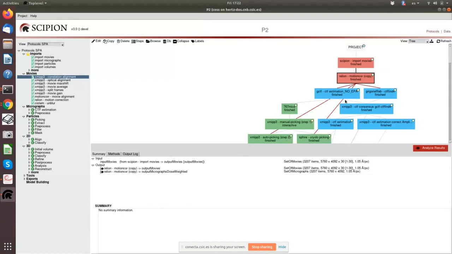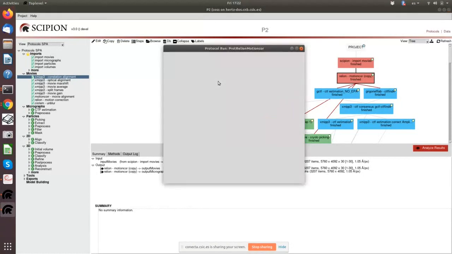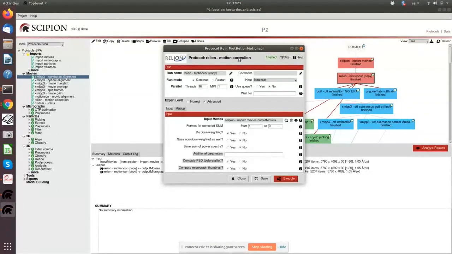And so the next step is to compute. Let's see if there are some specific parameters here that need some comment. In general, in all motion correction programs, there is the option to not align all possible frames.